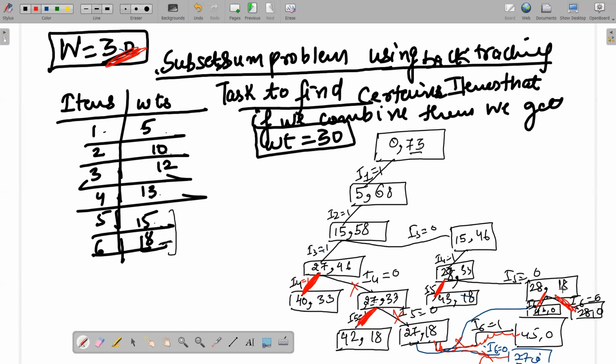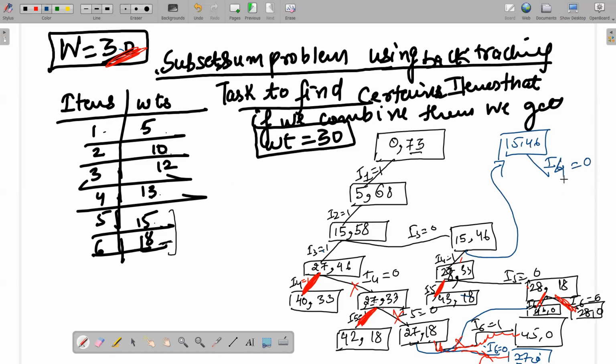Now it means that I'm doing backtracking, which is wrong with item 4, which is included. Let's not include this item. So I'm rather continuing my process over here. So we got 15, 46, and we are excluding item number 4.